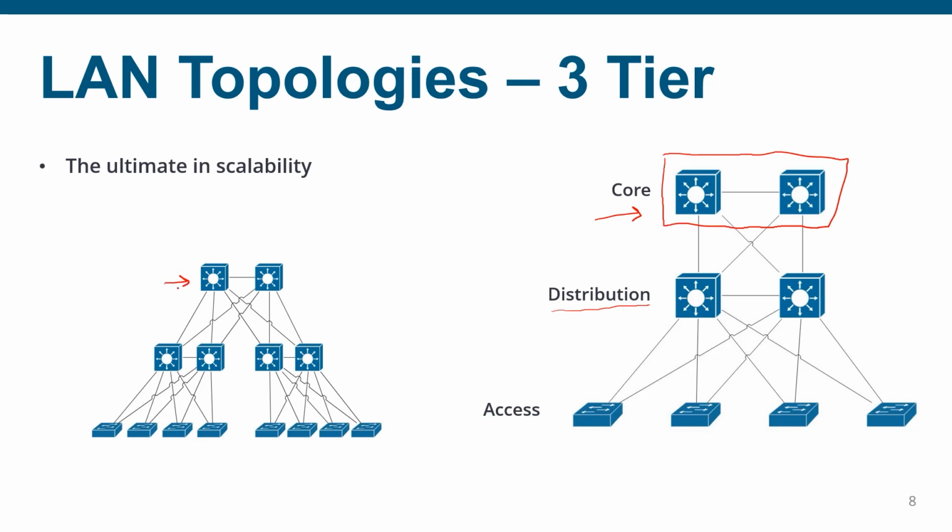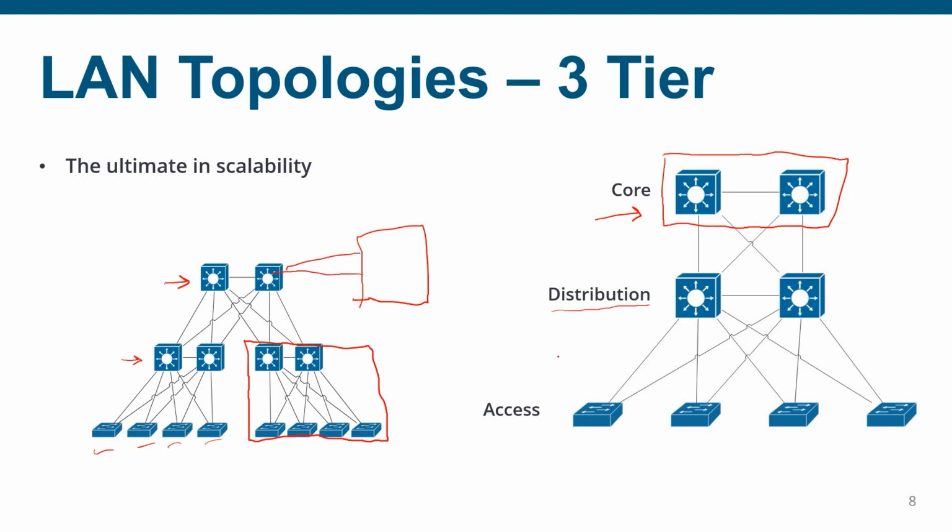where we have our dedicated core and then our distribution blocks with all of our access switches at the bottom. Now, if you need to add additional connectivity or an additional building, all you need to do is take this distribution access block and copy it over here and go ahead and interconnect it. And there you go.